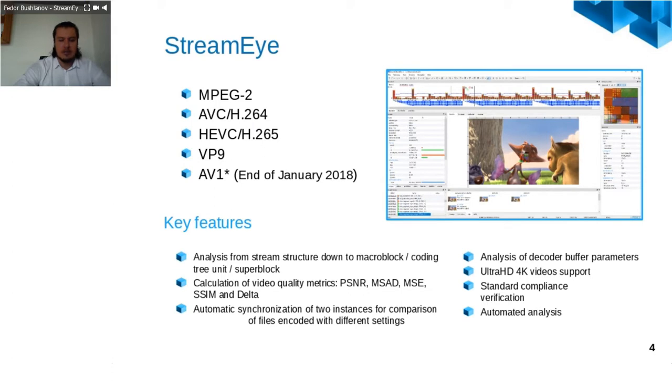There is an interesting feature, which we will review in detail, related to automatic synchronization, or simultaneous usage of two running StreamEye instances to operate with two different media files synchronously. Of course, there is also 4K video support. There is automated analysis to analyze large media file assets in automated mode, and there is standard compliance verification to check if, during the decoding stage, our decoder found any issues with a video bitstream.